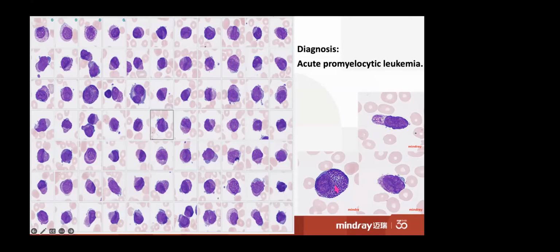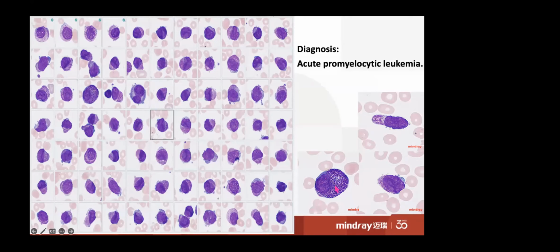And at times, some of the cells will have prominent Auer rods. So this is very diagnostic for the entity acute promyelocytic leukemia. Okay. Now, looking at the microscopic examination, as shown here, number 1 is a normal lymphocyte, and number 2 is an abnormal promyelocyte.